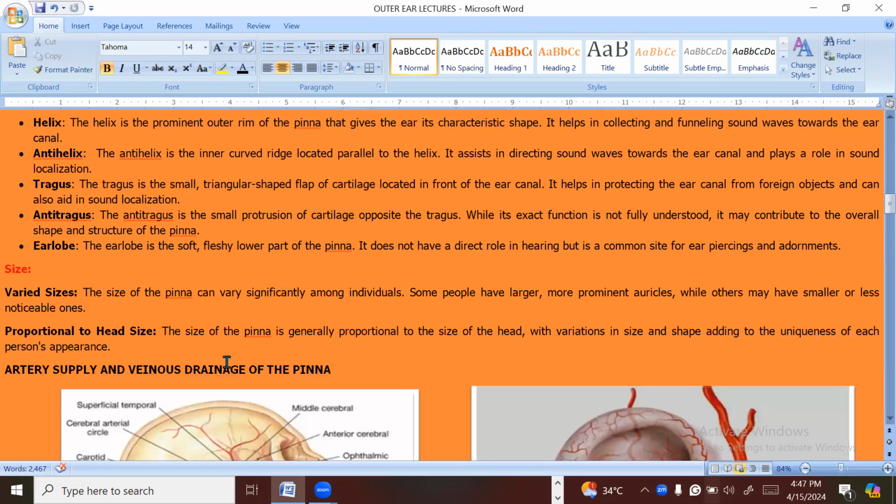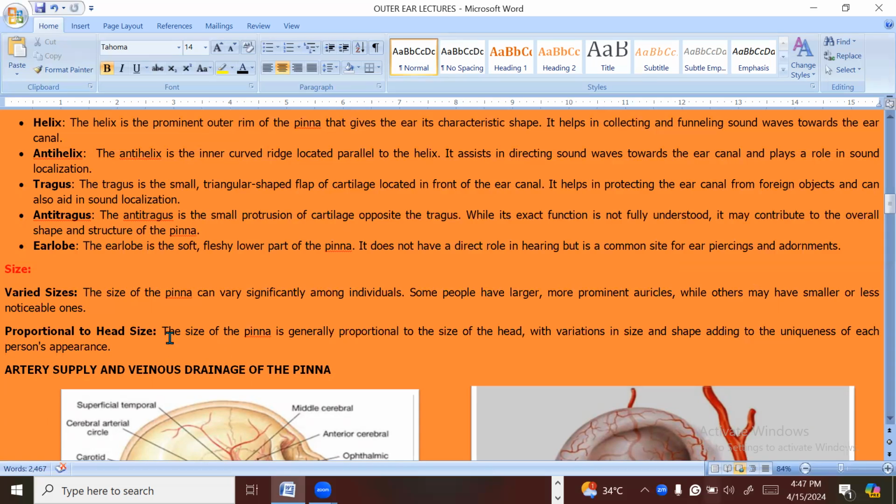Now let's look at the sizes of the pinna. There are various sizes of the pinna. Different individuals have different sizes of what? Pinna. Some people's can be larger and more prominent, while others may have smaller or less noticeable pinnas.